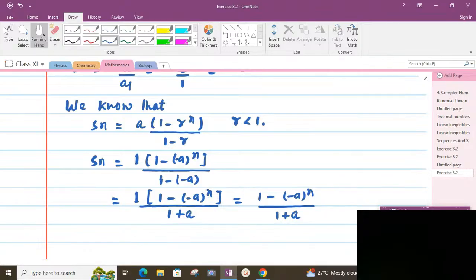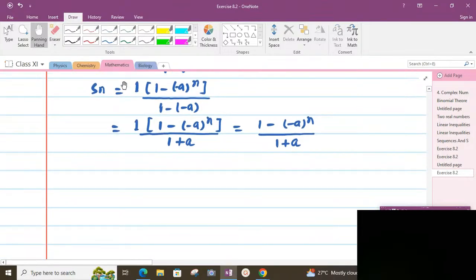So this one will be the answer of this question. Hope that there is no problem to understand the solution of this question.